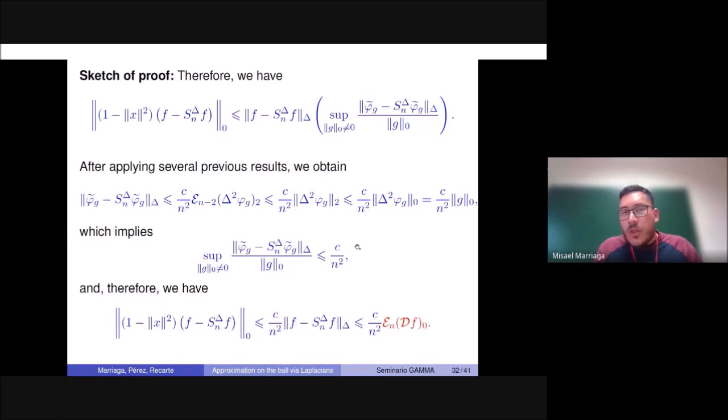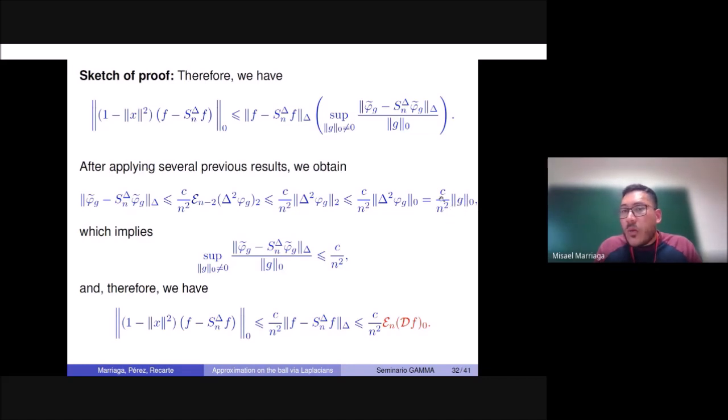My goal was to make this appear, which is basically what I wanted, because I'm taking G as the right hand side of our boundary problem, and phi sub G is the solution of that boundary problem. So I can replace this by the norm of G.